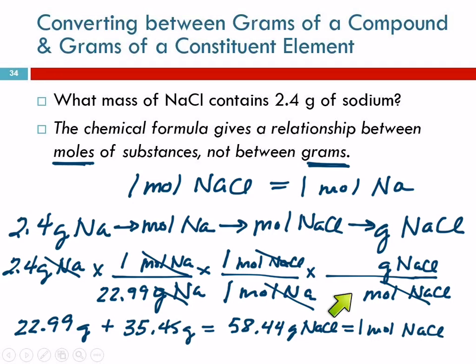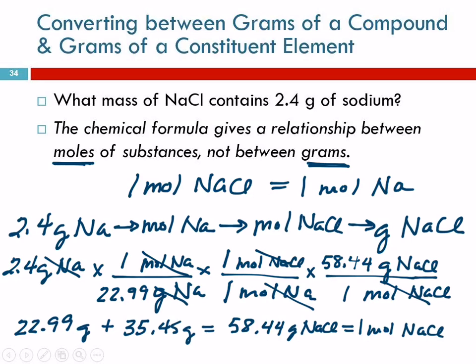So in this last term then, I've got 1 mole on the bottom, and I've got my molar mass on the top, 58.44 grams. We're taking things that we learned in individual pieces, and we're putting them all together. That's one of the reasons it's important not to fall behind.